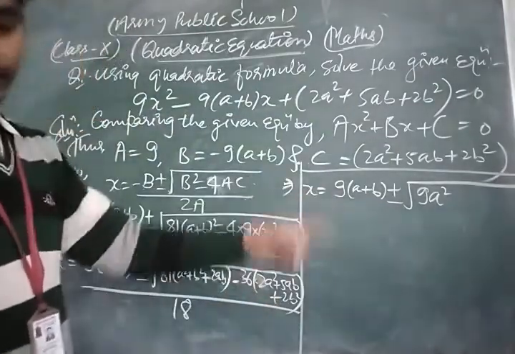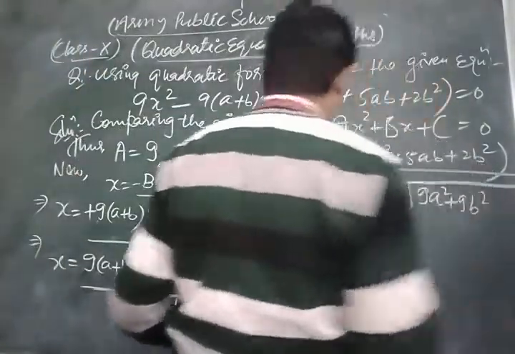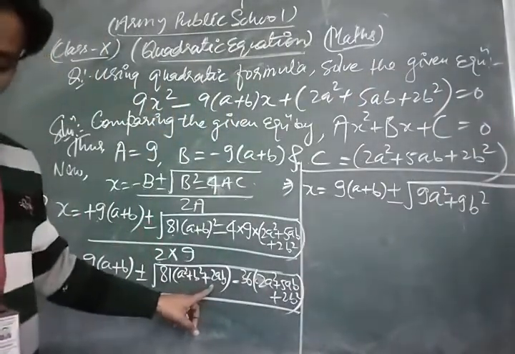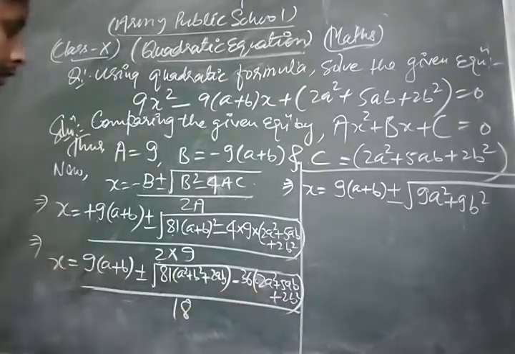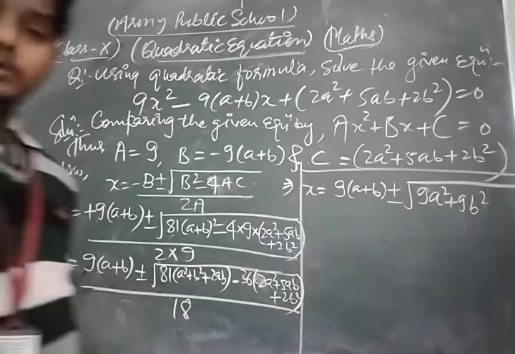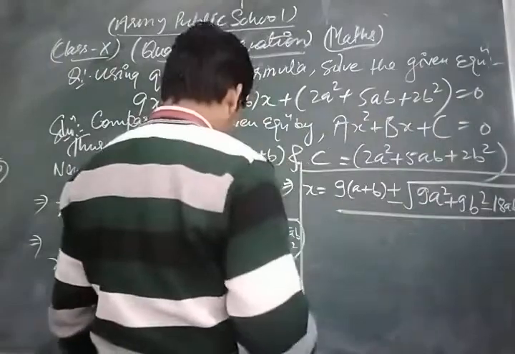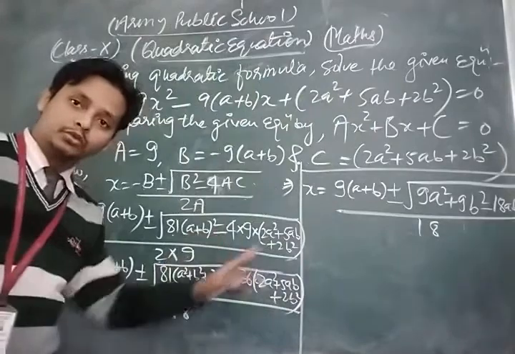Now 81 into 2 is 162 ab, and minus 36 into 5 is 180, so 162 minus 180 leaves minus 18 ab, divided by 18. So we just simplify the given expression and we get this value.